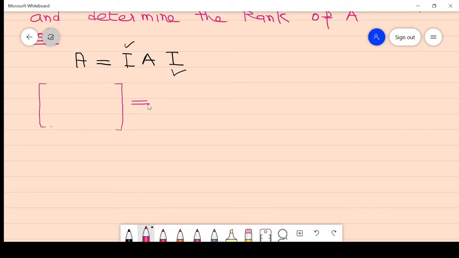Now just write here, so what is A? So here we can write it as 1, 1, 1; 1, -1, -1; and 3, 1, 1.